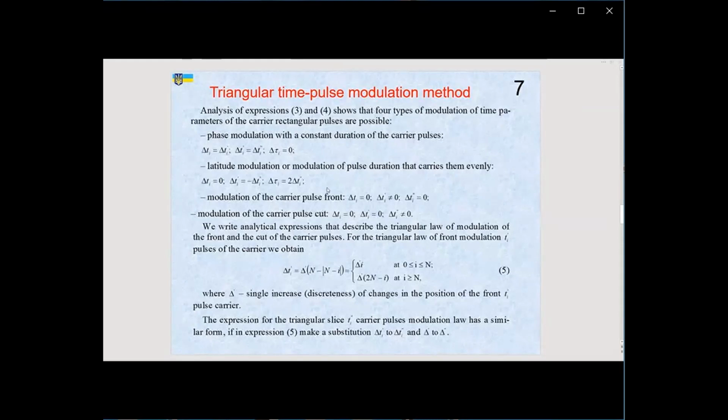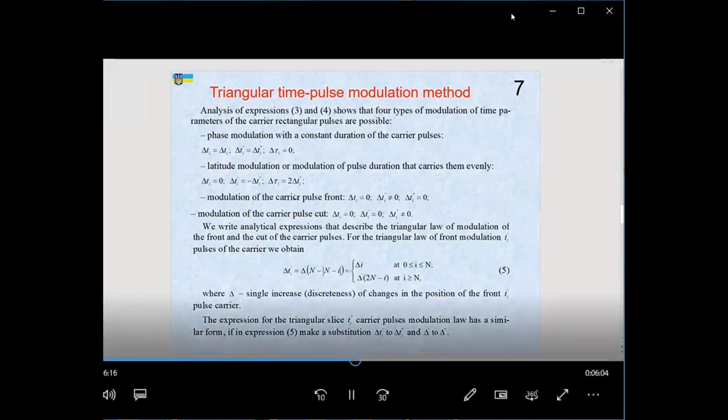We write the analytical expressions that describe the triangular law of modulation of the front and the cut of the carrier pulses. For the triangular law of front modulation of the t i pulse of the carrier, we obtain delta t i, where delta is the single increment of change of the position of the front of the t i carrier pulse. The expression for the triangular law of modulation of the cut, t2 i of the carrier pulses, has a similar form.